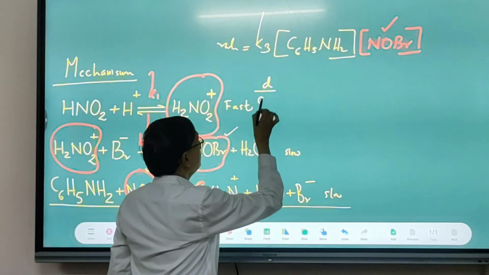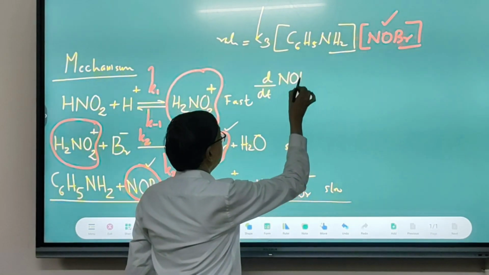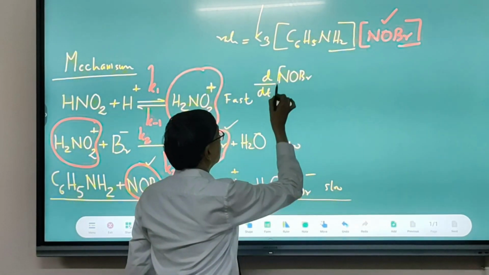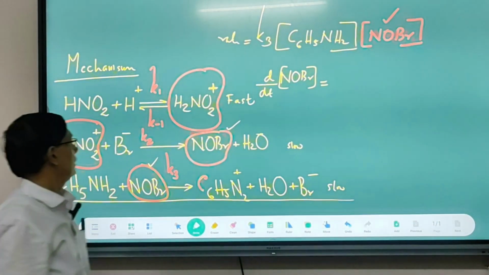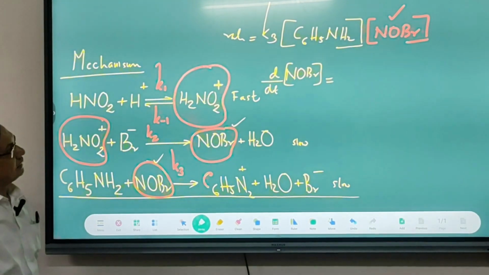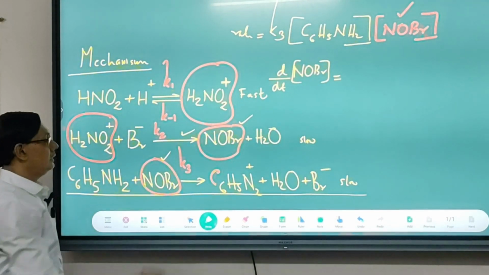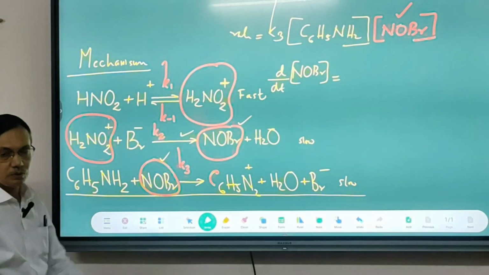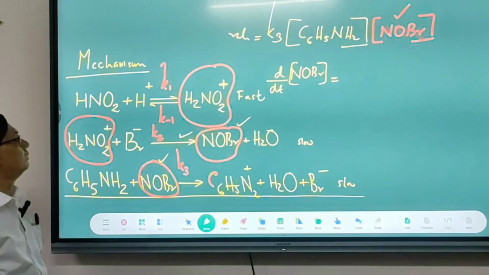So I can write d by dt of NOBr is equal to, now from that mechanism, in here NOBr is produced, and in step number 3, NOBr is consumed.